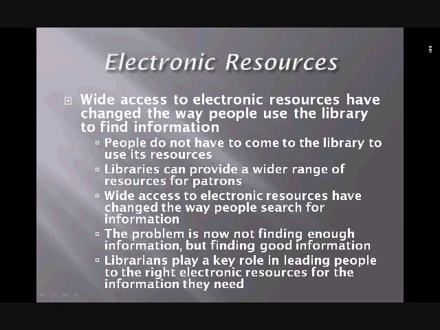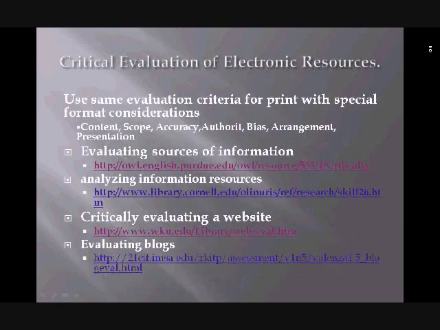One of the most important skills users of electronic resources must develop is the ability to effectively evaluate information resources. So to evaluate electronic information resources, we use the same evaluation criteria that we use for print resources with special format considerations.